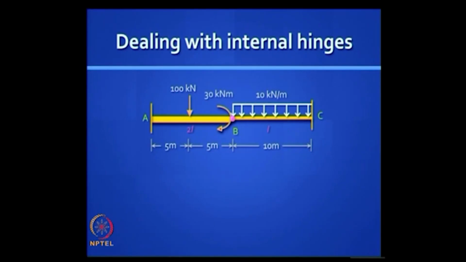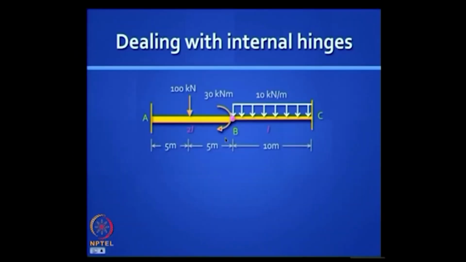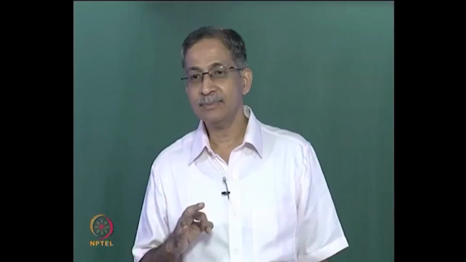Any suggestions? Okay, first question, do you understand what happens if you apply a concentrated moment at B of 30 kilonewton meter? If there was no hinge, you could apply that 30 kilonewton meter exactly at B. If there is a hinge, you can't do it because the hinge does not allow any moment transfer.